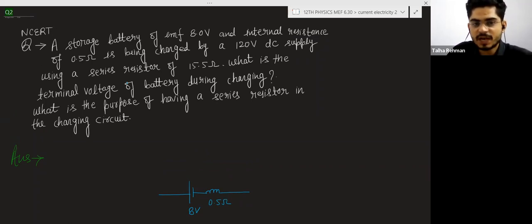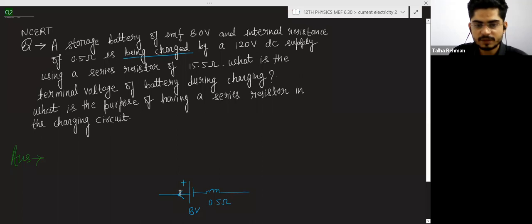This battery is being charged. Being charged means the direction of current in the battery is from the positive terminal, like this.